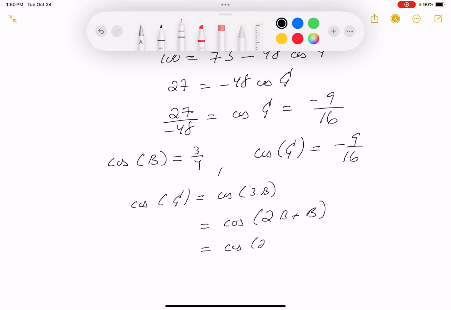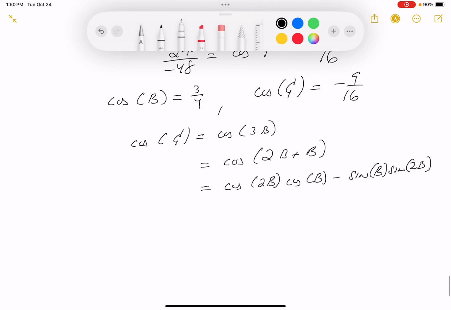This is going to be cosine of 2B, cosine of B, minus sine of B. That's going to be a tough one, isn't it? And then sine of 2B. Now, by the way, I don't know the sine of B or sine of 2B, and I don't know the cosine of 2B, but I need to write down some identities that I do know, all right?